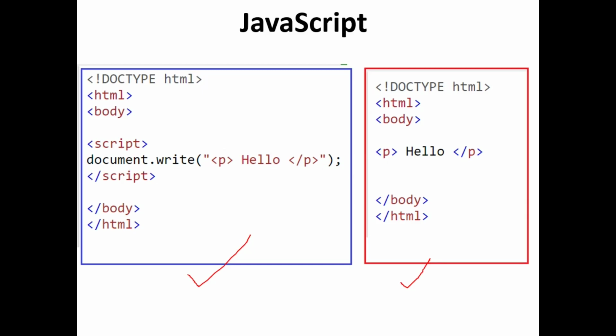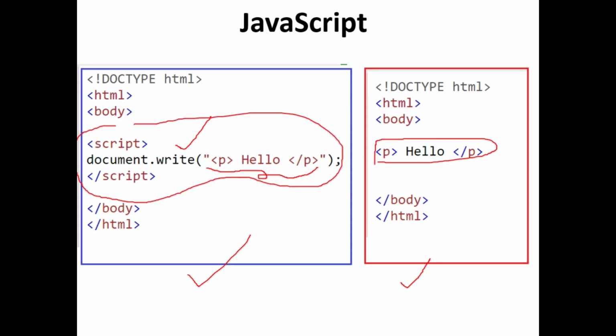What is the use of the document.write function? It simply copies the text you have given as a parameter inside the HTML code. Here we had written JavaScript inside the script tags, and everything is replaced with only the text, which is nothing but the parameter of the document.write function.